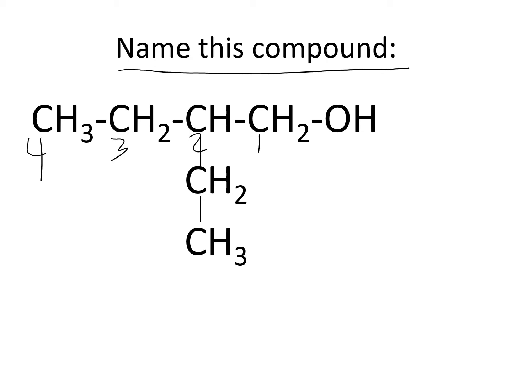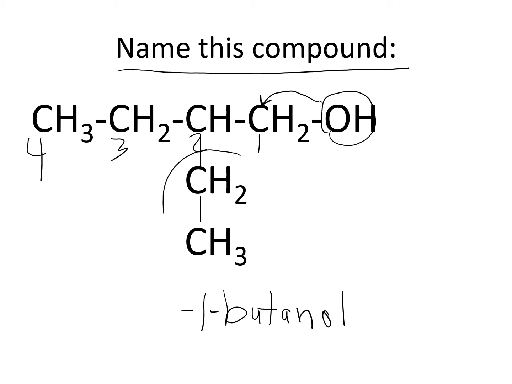So if we have 4 carbons, that would have come from butane. So we're going to drop the E and add OL. So we have butanol as our parent. The hydroxyl is attached at carbon number 1. So number 1 goes in front of butanol. Now in this case we have a group attached.